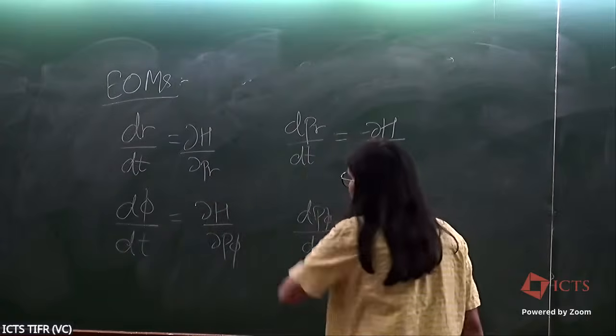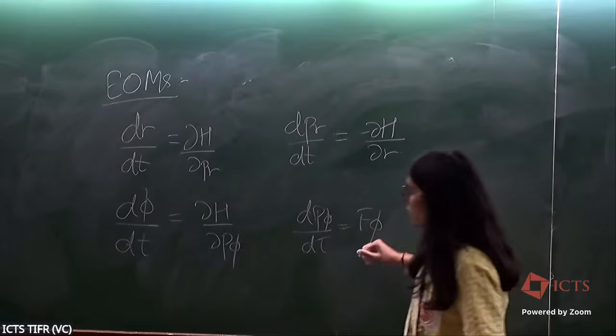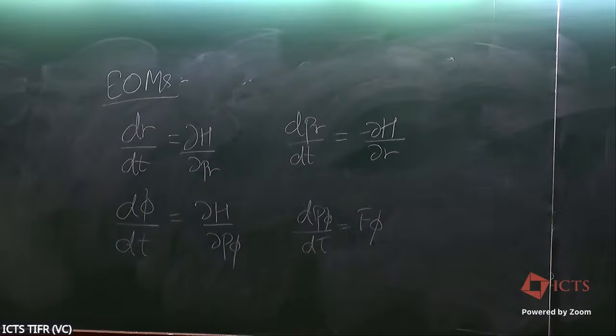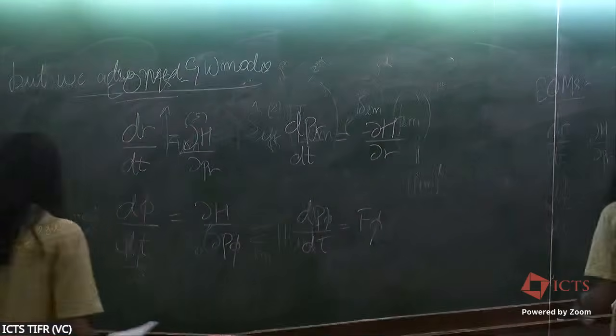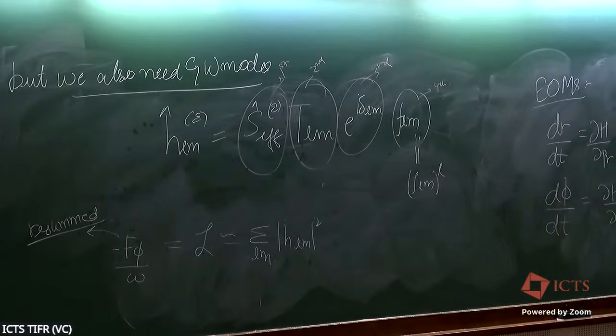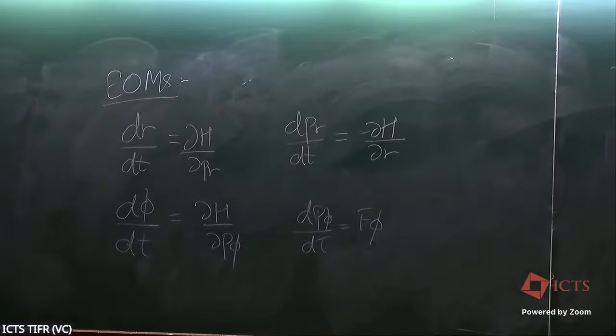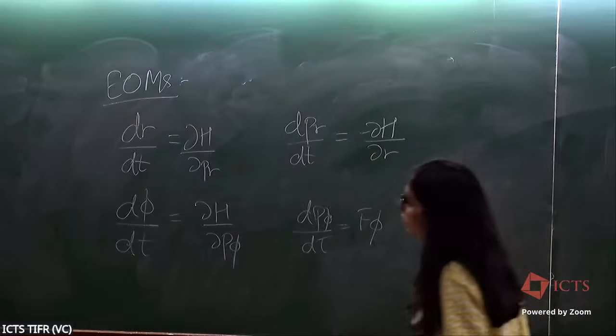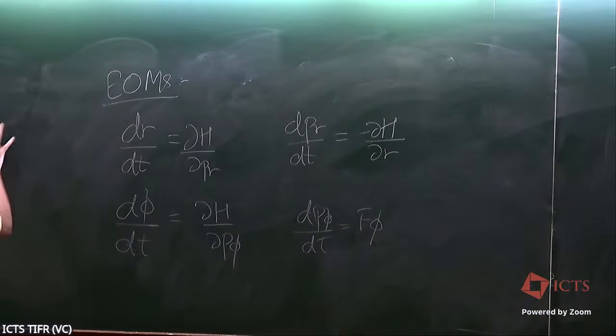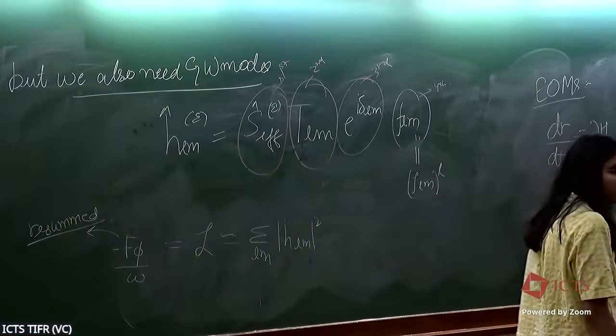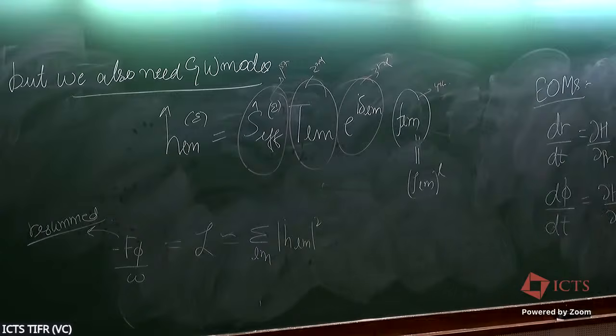So this is the system that we will solve by putting F_phi from the resummation here. And then we can obtain the orbital evolution of the orbital parameters, the r, p_r, phi, and p_phi. And then we put it back in here, and we should be able to obtain the gravitational waveform. So it represents the gravitational waveform of the inspiral and plunge as well.